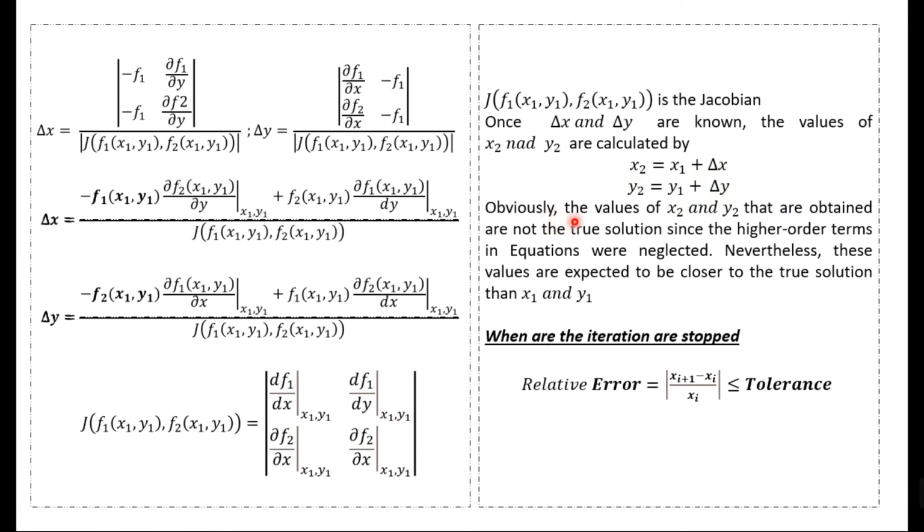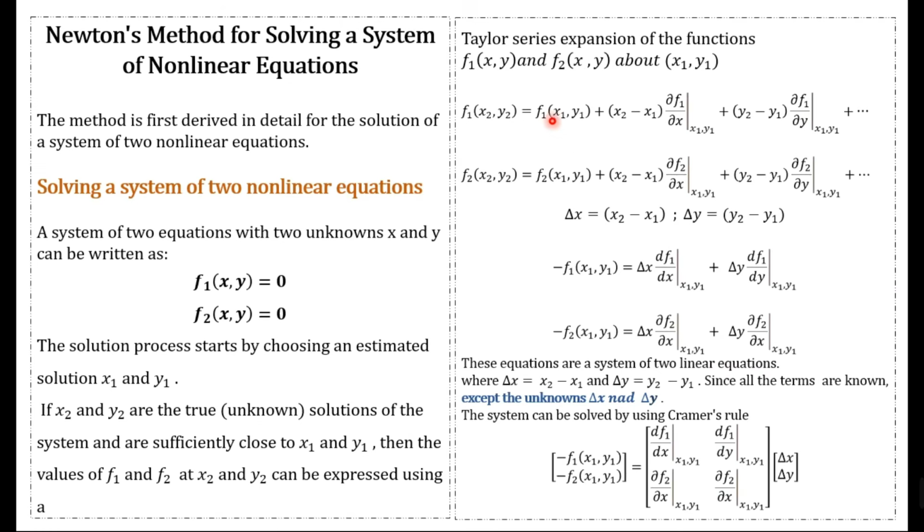We know that obviously the values of x2 and y2 that are obtained are not the true solution, since the higher order terms in the equations are neglected. Yes, when we do the Taylor expansion of functions f1 and f2, we neglect the higher order terms that come after these terms.